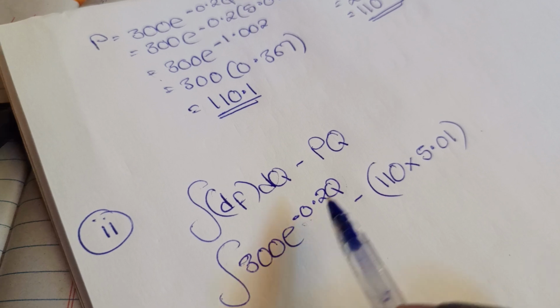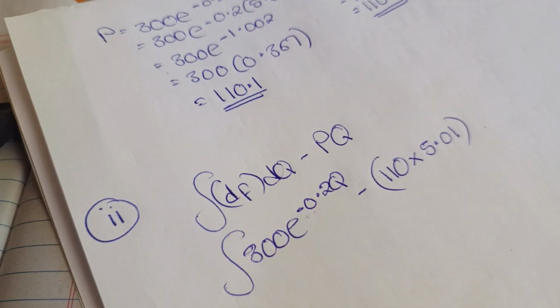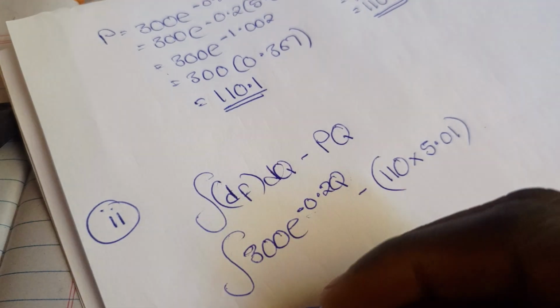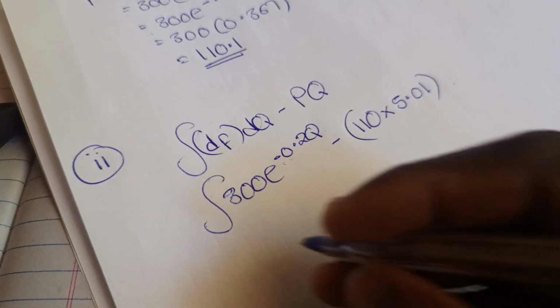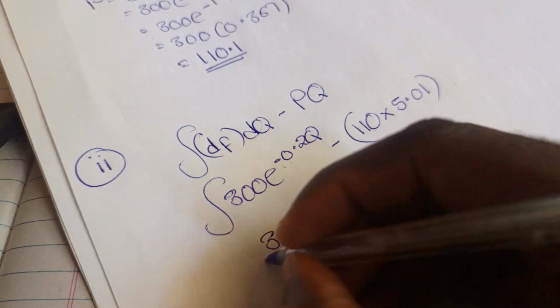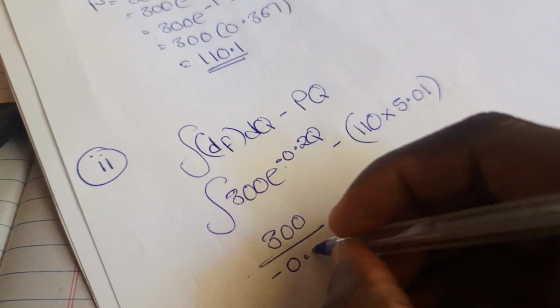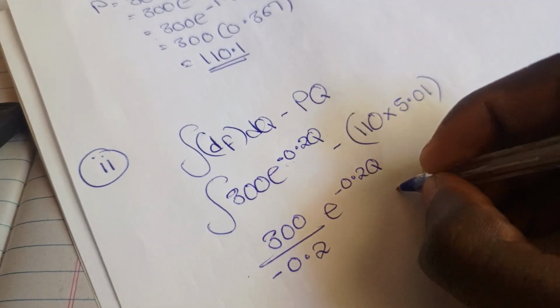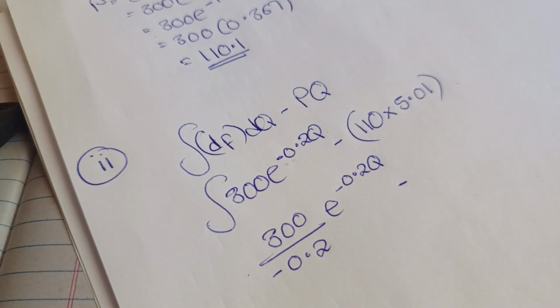The derivative of negative 0.2q is negative 0.2, so you will get the reciprocal. So you will have 300 divided by negative 0.2 e^(negative 0.2q) minus 110.1.